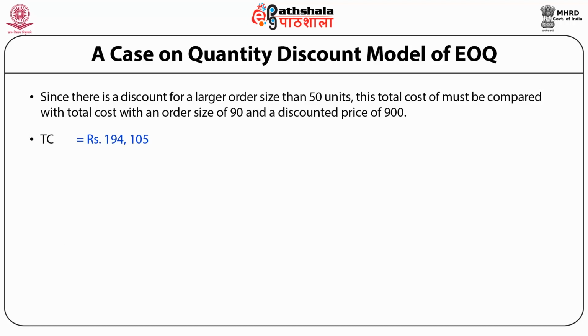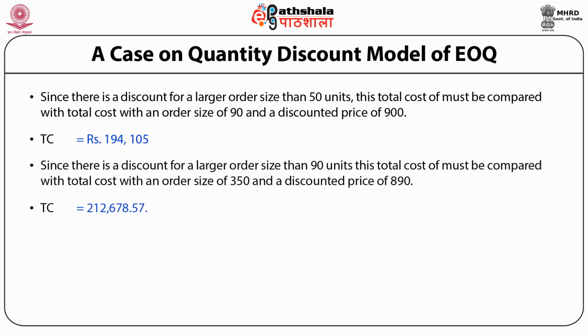Since there is a discount for a larger order size than 50 units, this total cost must be compared with the total cost with an order size of 90 and a discount price of 900. Total cost equals rupees 194,105.